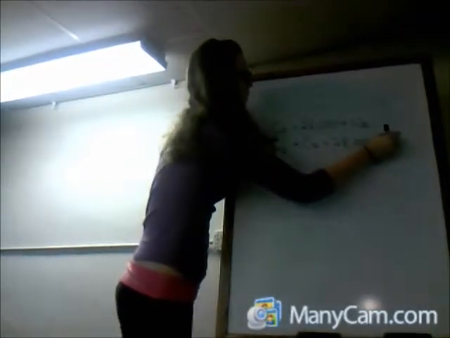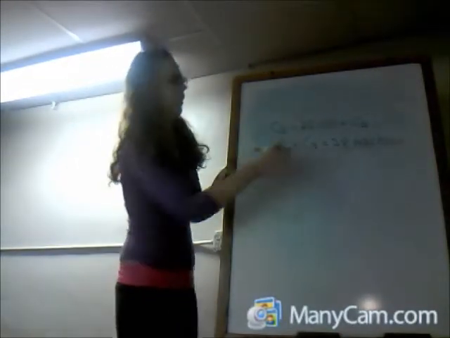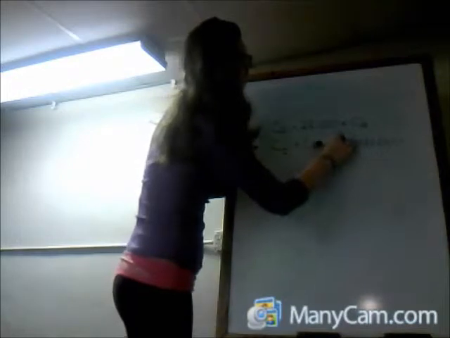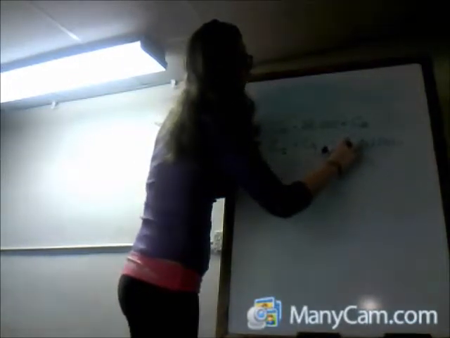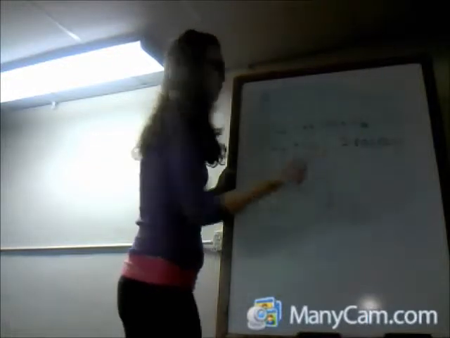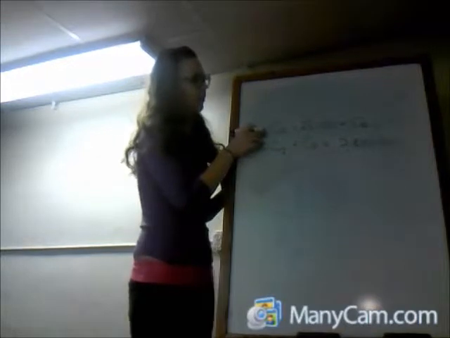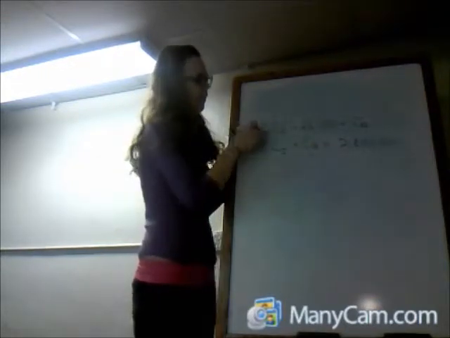Wait, was it 2.8 million? Right, yes, 2.8 million. So now we just have these 2 equations, and we need to find the votes of each, and then find a percent from that.